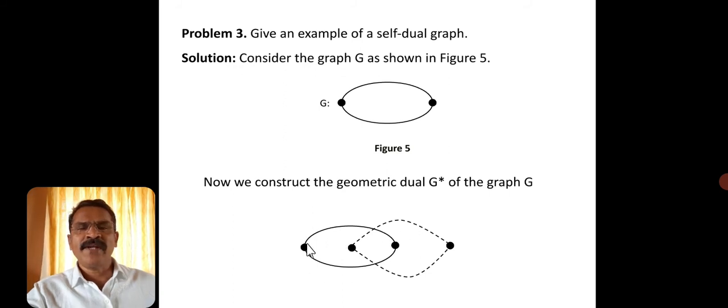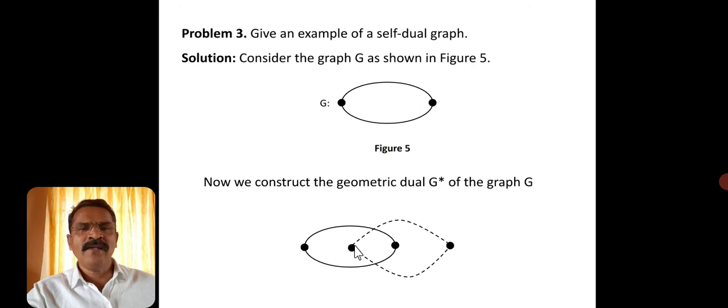Okay. Now we try to construct the geometric dual of this graph. As I said, you have to insert one vertex interior to one region, interior region, and one vertex corresponding to the exterior region. Okay. Then what you have to do, so we got two vertices. Then this is the edge common to the interior face as well as the exterior face.